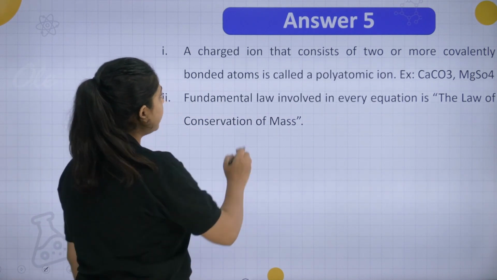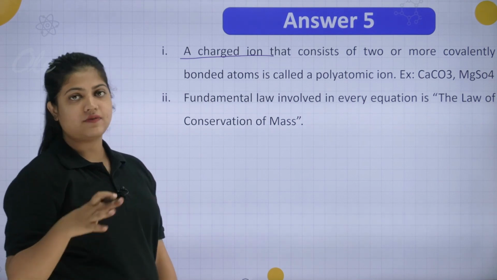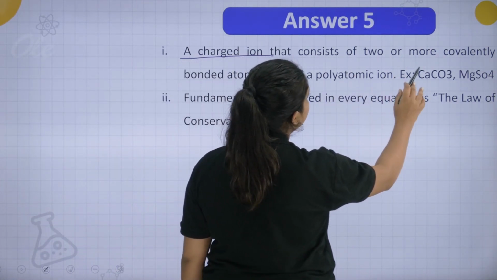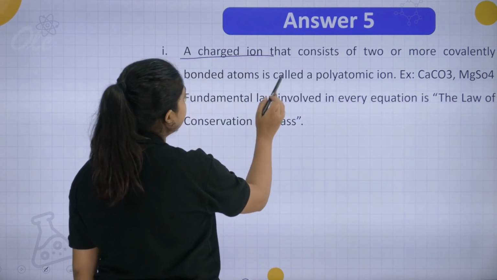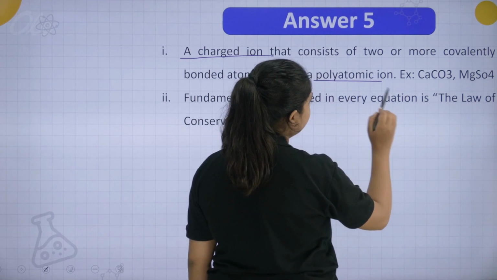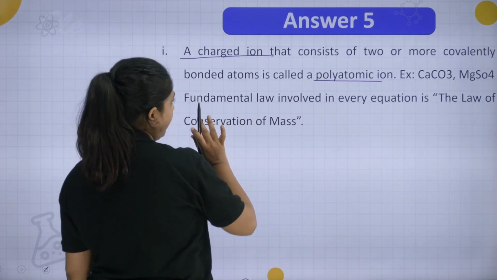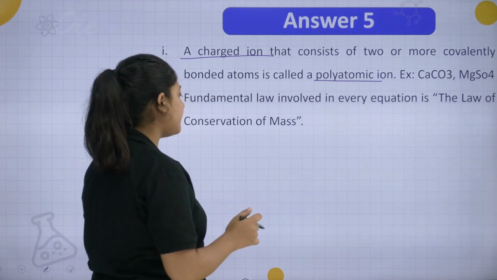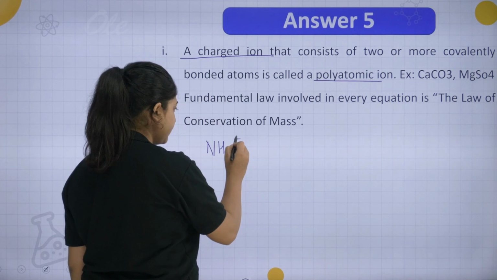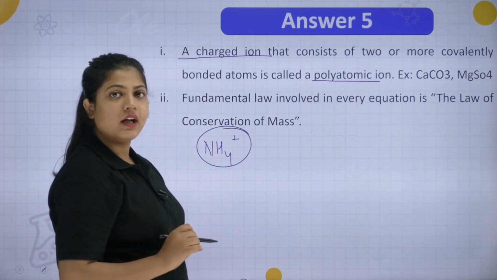When we are talking about an ion, it is charged, whether positive or negative. A charged ion that consists of 2 or more covalently bonded atoms is known as a polyatomic ion. For example, calcium carbonate, magnesium sulfate, etc. If I talk about NH4 positive, this is also an example of a polyatomic ion.